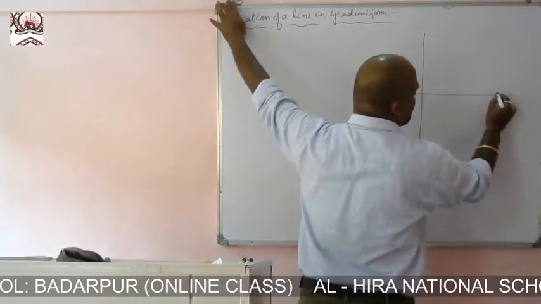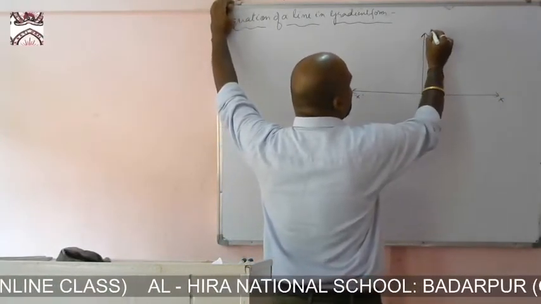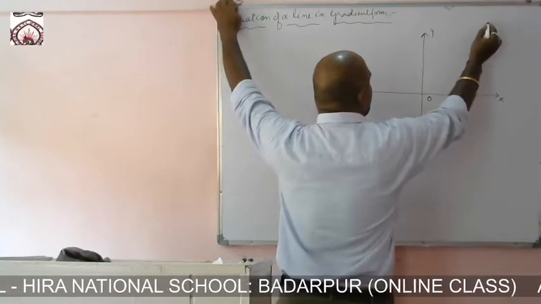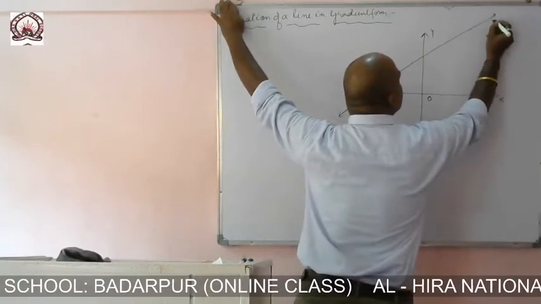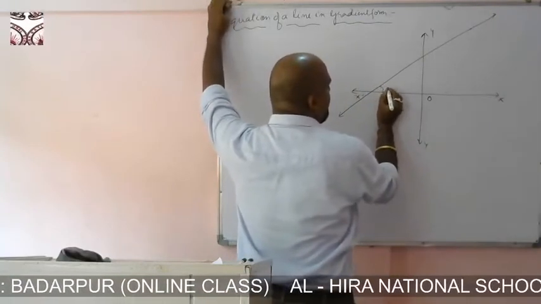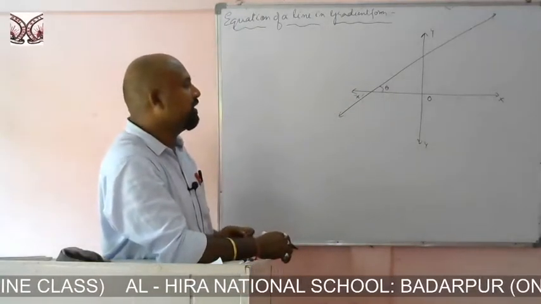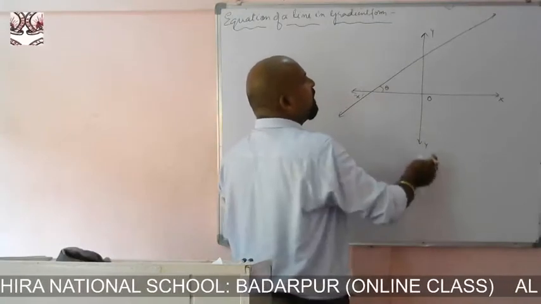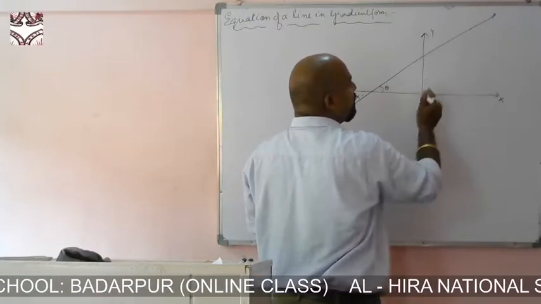Let us consider this is a line. The angle of inclination of the line is equal to theta. Now here the line cuts the y-axis, from here to here.